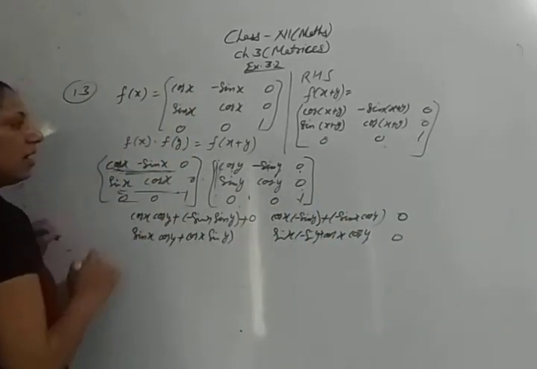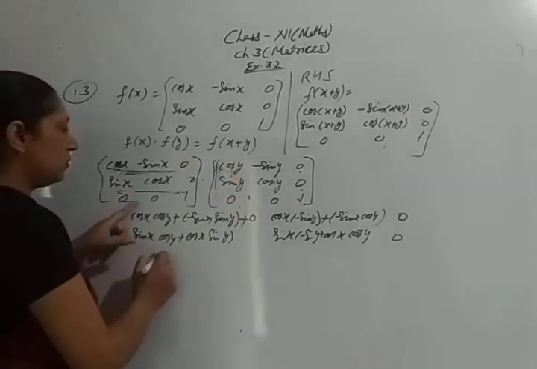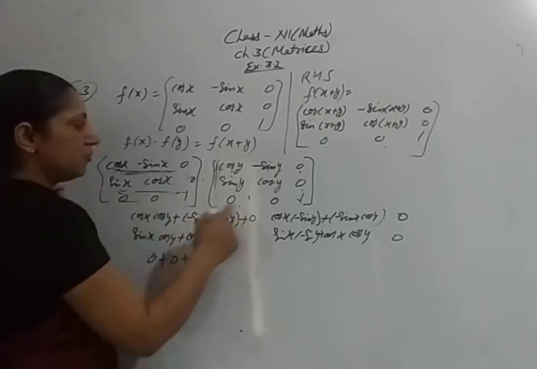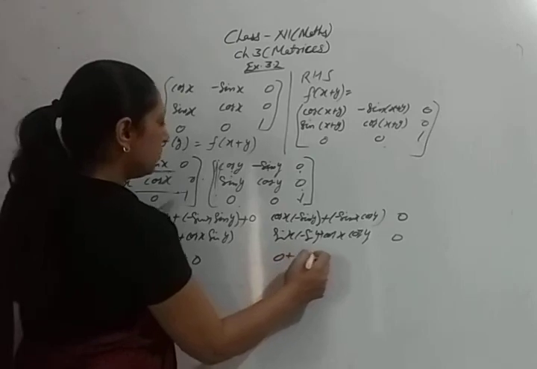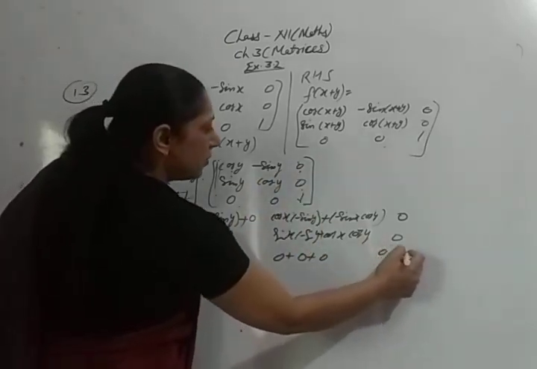Now the last one is third row, first column: 0 into this, 0, plus 0 into this, 0, plus 1 into this, 0. Now third row, second column: 0 plus 0 plus 0. Now third one is this, so 0 plus 0 plus 1.